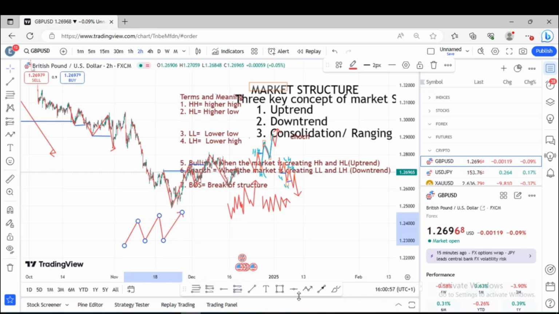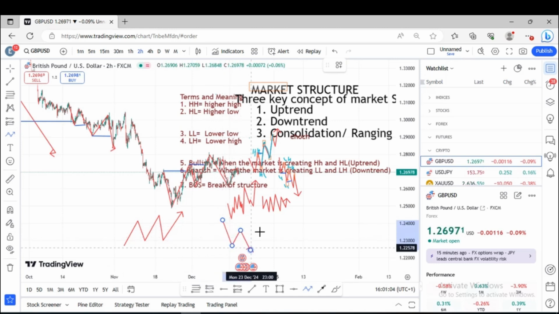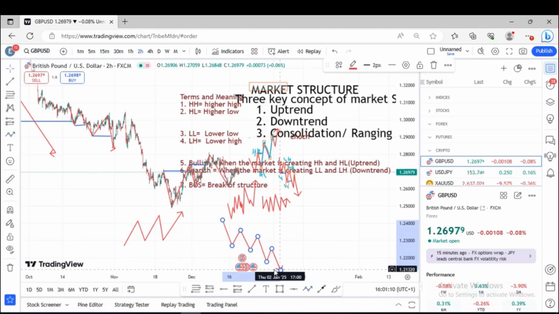So when the market is creating a lower low, lower high, lower low, lower high, lower low, lower high, lower low, that is the market in a downtrend.